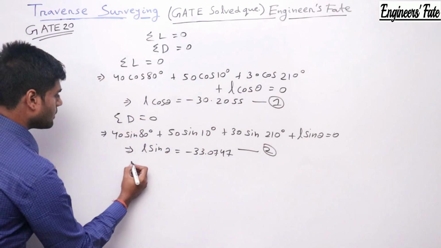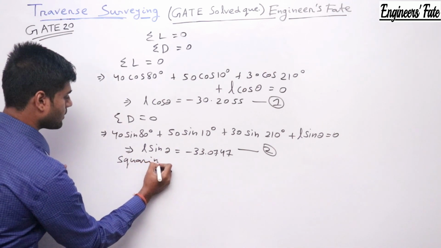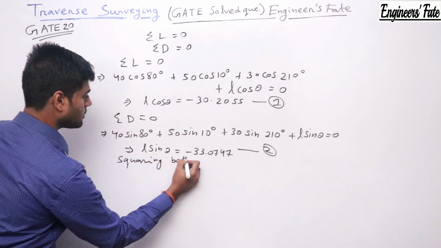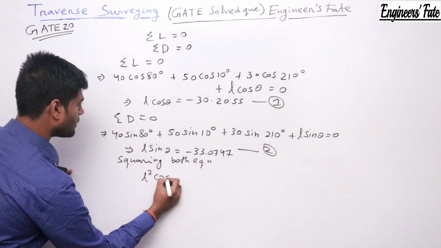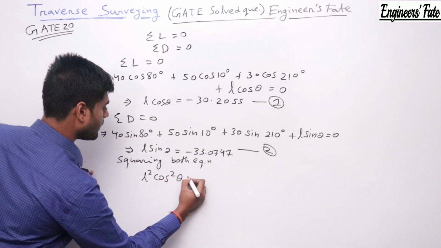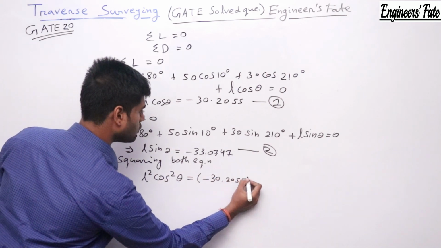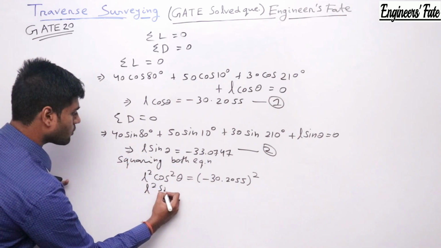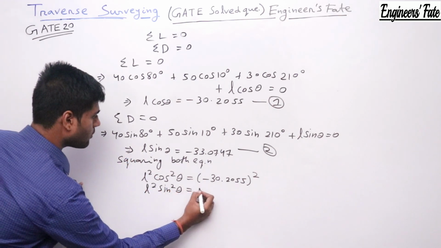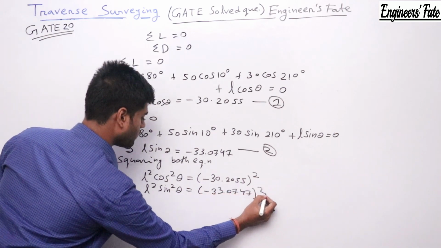So just square both equations. Squaring both equations, L square cos square theta equal to minus 30.2055 whole square, then L square sin square theta equal to minus 33.0747 whole square.